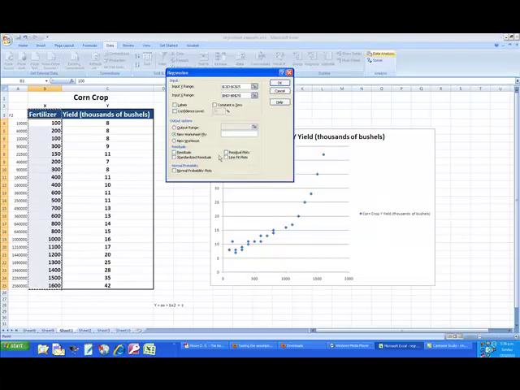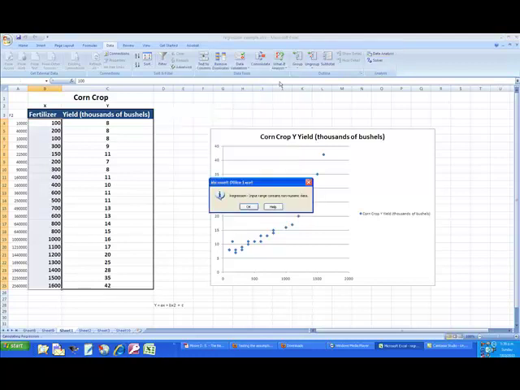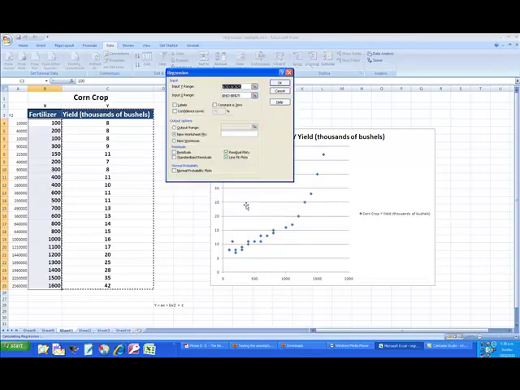And let's get a residual plot as well as what we had before, which was the line fit plot. And I think that's all we need. Okay, I have to click labels, right?